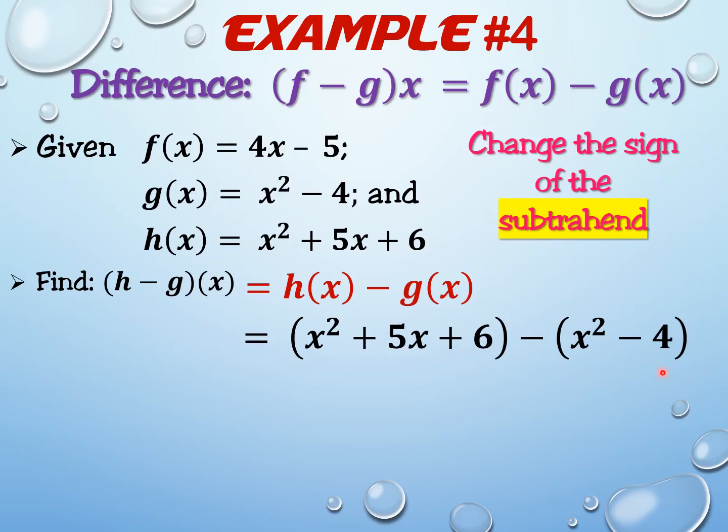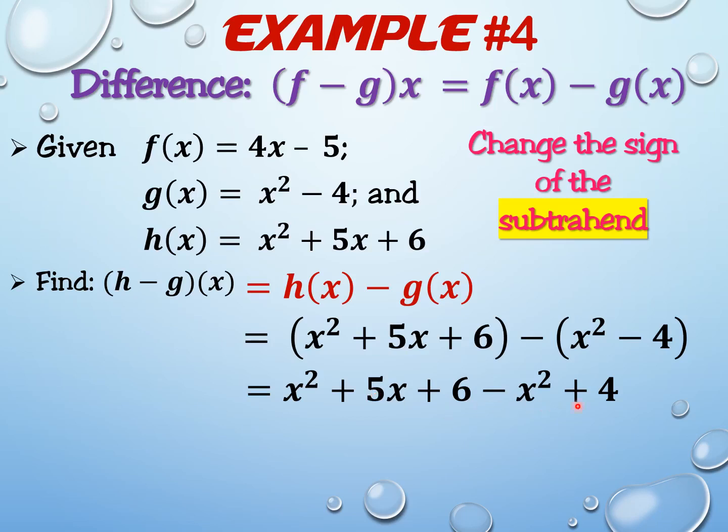So what will be now the sign? Okay, so we will remove the parentheses. This one will be as is. Nothing will change with their sign. So that will give you x squared plus 5x plus 6. And from positive, we change it to negative x squared. And from negative 4, we change it to positive 4. So again, we first change the sign of the subtrahend if the operation is subtraction.